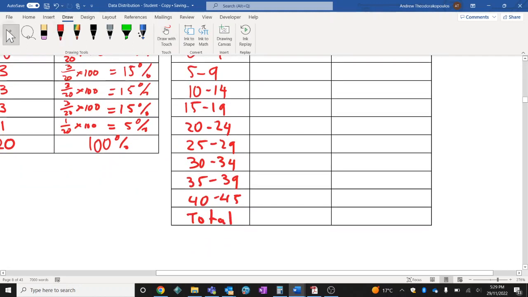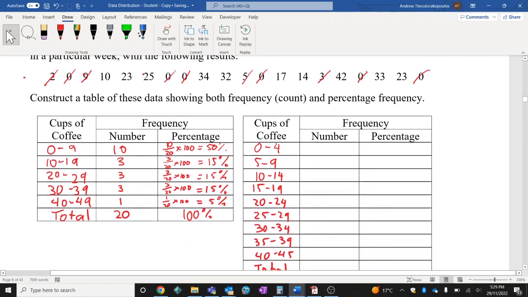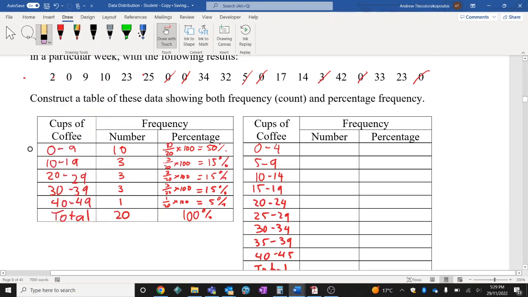Okay, so these are the groups for intervals of 5. I'll get you to do the exact same thing again, except this time, now, we will use the groups of 5. So we're going to have different counts.